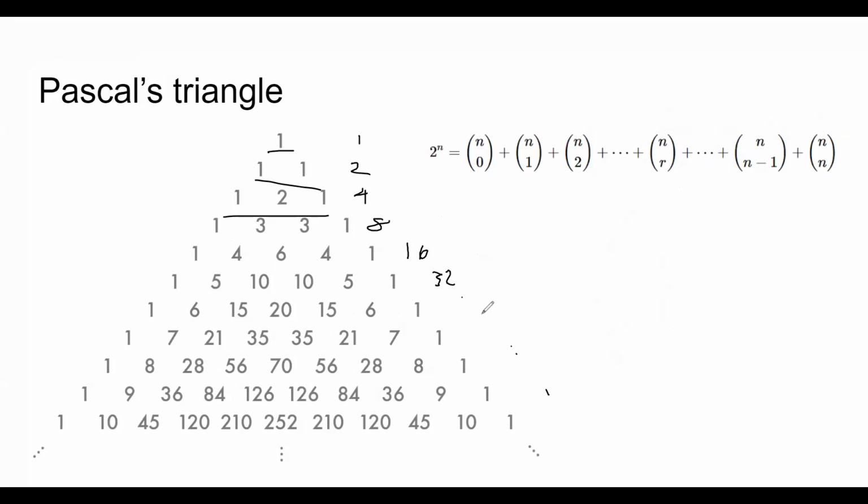A very suspicious sequence of numbers, wouldn't you say? It looks like it's just the powers of 2. And so we have this identity that states that the sum of every row in this triangle is always a power of 2.